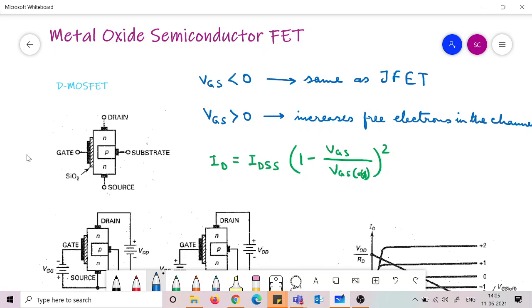Now the good thing about MOSFETs is that they are almost never used as amplifiers. They are used as switches, and so the switch operation we are already quite familiar with. We have to make the device operate in either saturated condition or in cutoff condition. So that is all.